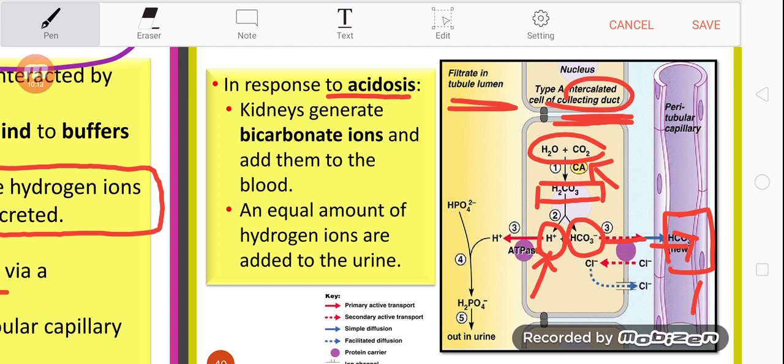Once secreted into the lumen, this H plus will bind with the buffer system, the major buffer system in the urine. Remember the phosphate buffer system, right? So the H plus will bind to the phosphate buffer system, forming the phosphate buffer system here, and will be excreted out.